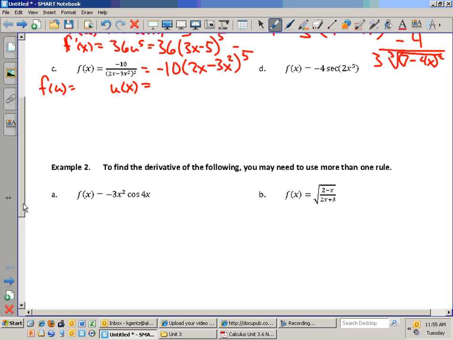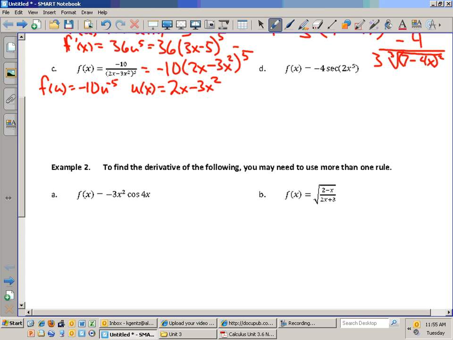Boys and girls, please. You have f of u, which would be negative 10u to the negative 5th. And we have u of x, which is what? 2x minus 3x squared.